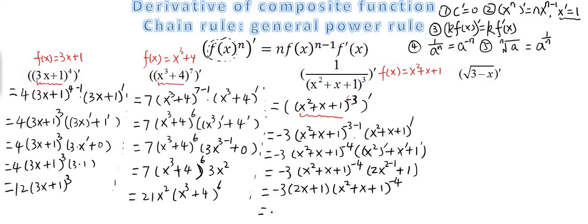So we can write down negative 3 times (2x plus 1) divided by (x squared plus x plus 1) to the power 4. Okay.